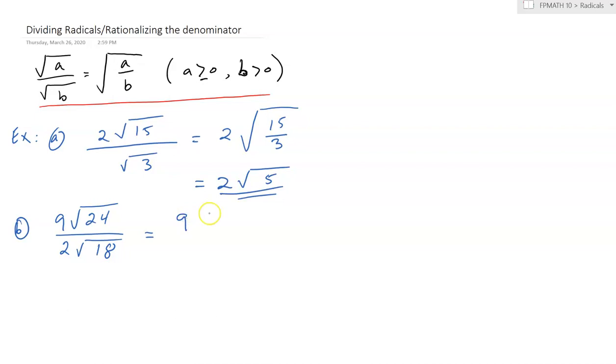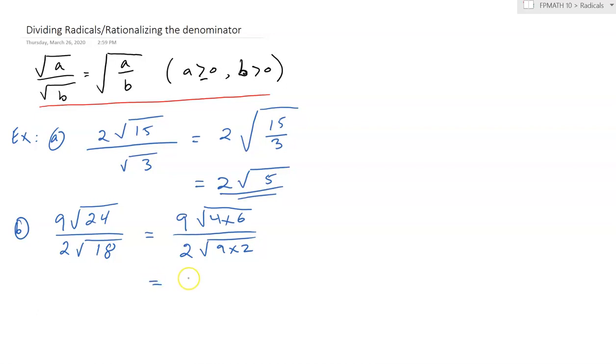Root 24 is 4 times 6. The denominator, root 18, is 9 times 2. Now the reason I chose 9 times 2, 9 is the perfect square factor of 18. We need to do that to simplify the radicals.